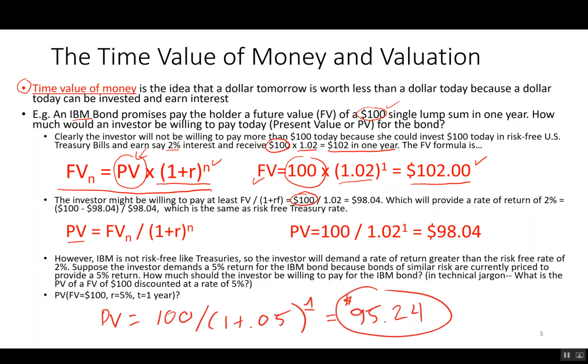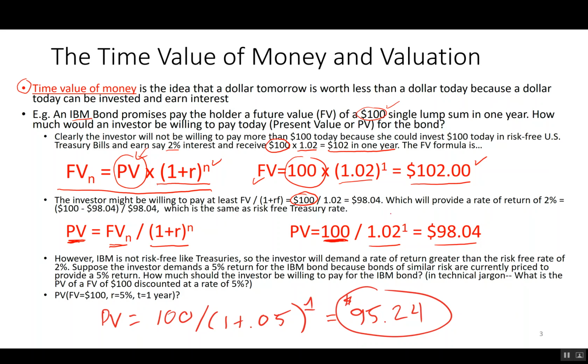So we can say that the present value, the amount I'd be willing to pay today, is the future value over 1 plus r to the n number of years. So if IBM promises to pay me $100 next year, the future value, and I want to earn 2% interest, I will pay exactly $98.04 today. And if I do, I'll earn exactly 2%.